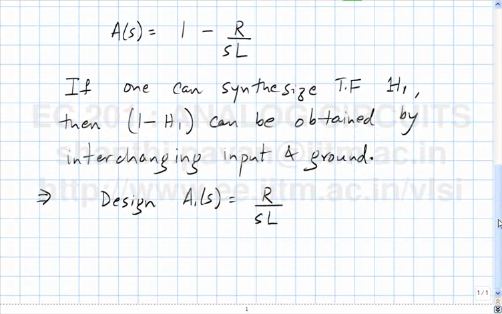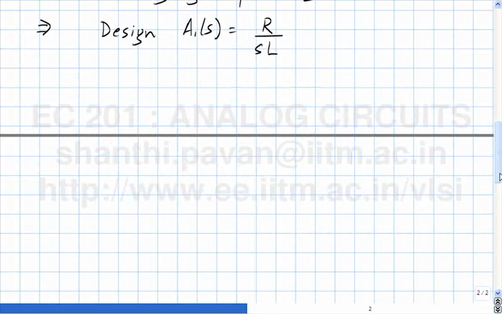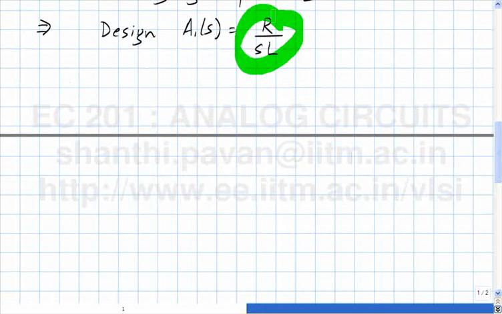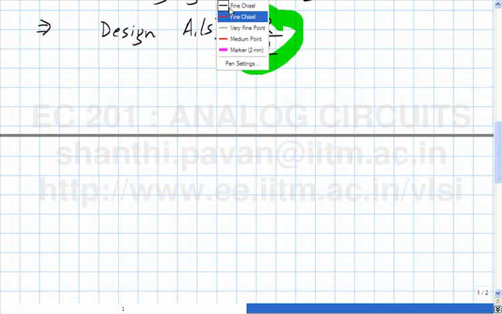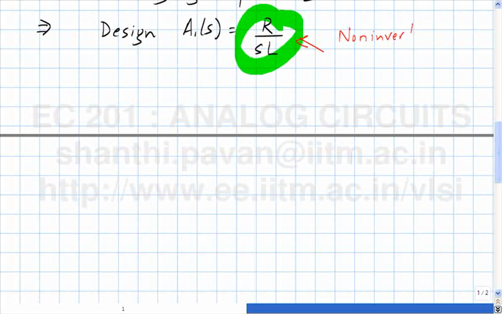Okay? You understand? So what kind of transfer function is this? What does this remind you of? This is what kind of mathematical operation? 1 over S is integration. So basically what you need is a non-inverting integrator.